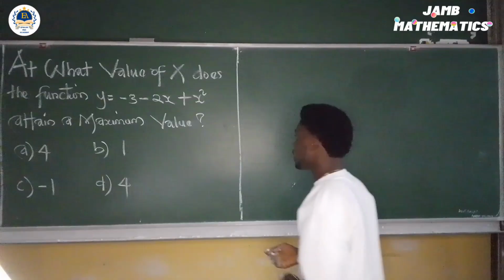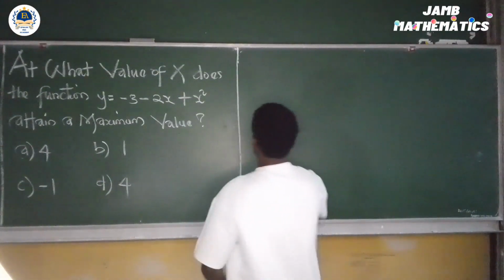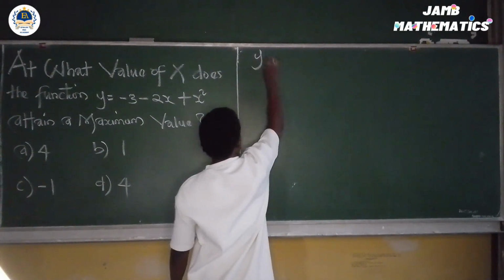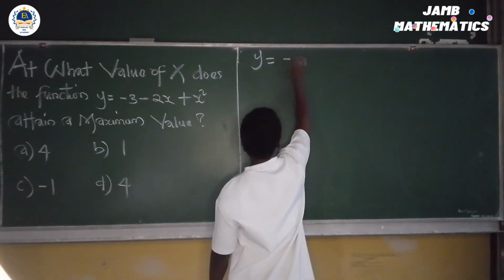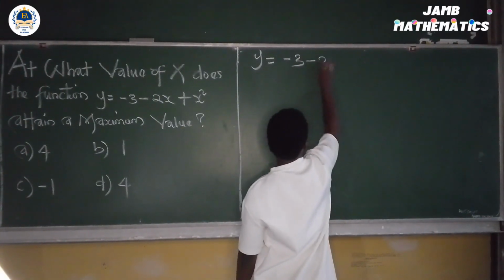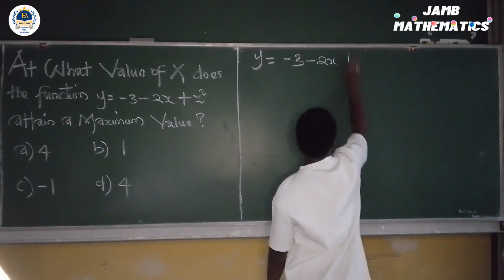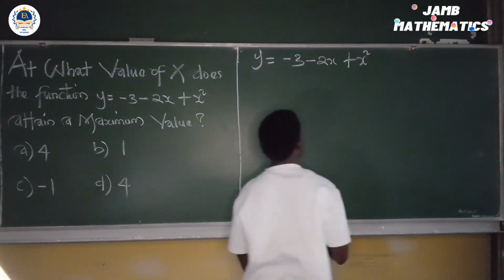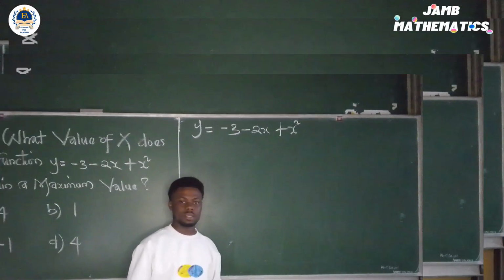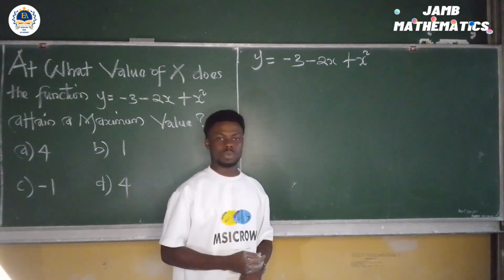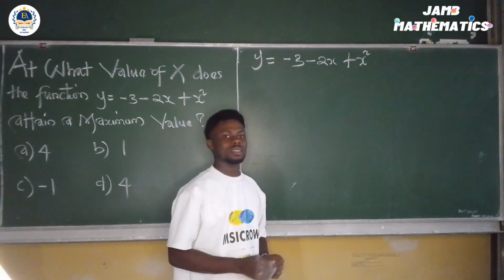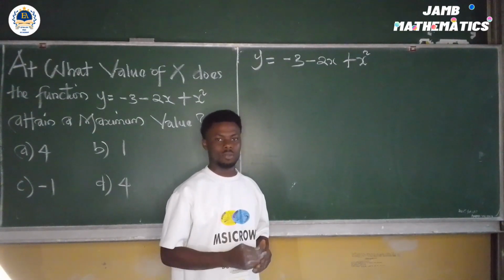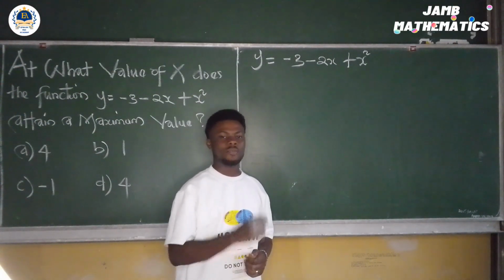So, in this question on the board, the function given is y is equal to minus 3 minus 2x plus x raised to the power of 2. So first thing first is to find the derivative of y with respect to x, or otherwise it is known as dy over dx, or f prime of x.